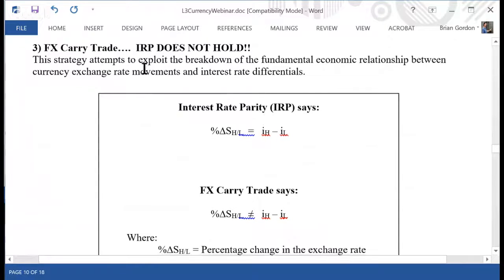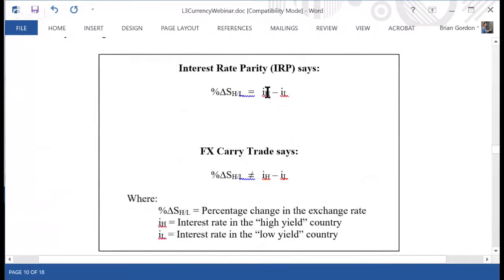So now, in this box down below, interest rate parity says that the percentage change in the exchange rate should be equal to the interest rate differential. What you gain or lose on the interest rate differential should be offset by the currency movement. Otherwise, there's an arbitrage opportunity. Well, the carry trade says this does not hold. This is what our textbook refers to as trading on the forward rate bias.